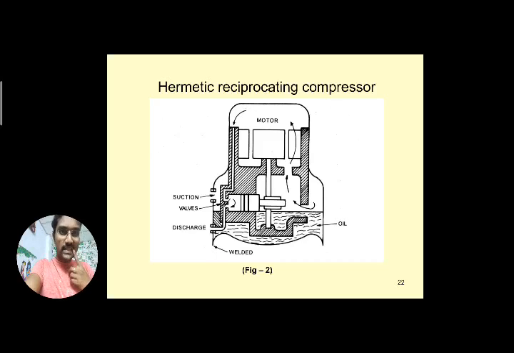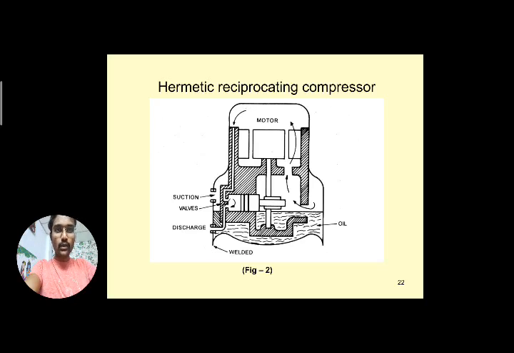To identify a hermetic compressor, it is a completely sealed unit. The unit itself contains the electric motor, and the electric motor shaft is directly coupled to the crankshaft, with the cylinder, piston, and the inlet and exhaust valves all placed in a single unit.